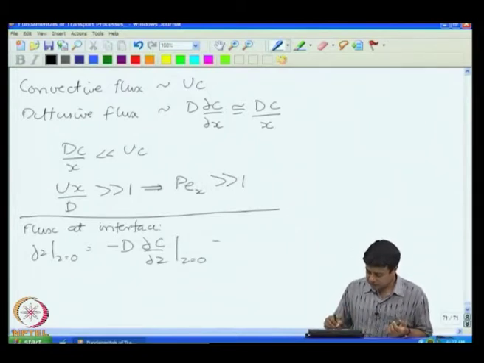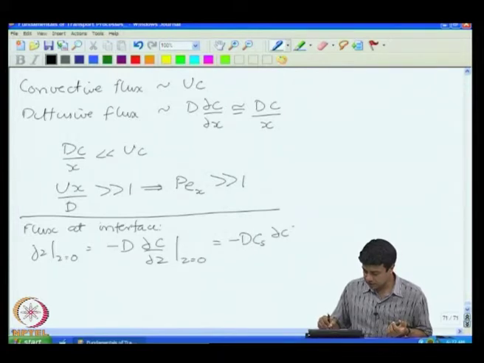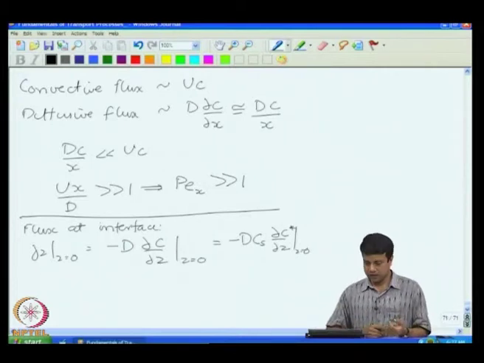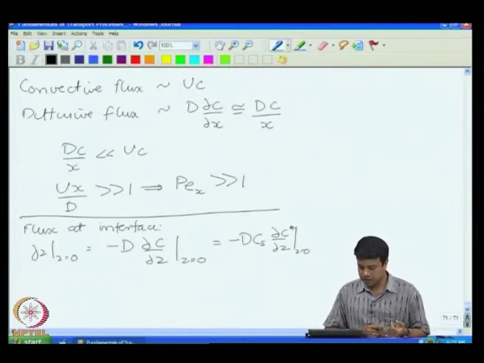Expressed in terms of the scaled concentration field, this is minus D Cs times partial c star by partial z at z equal to 0. I am just expressing that c is equal to Cs times c star. I had a similarity variable, so I have to express z in terms of that similarity variable, because that is where the solution came from.